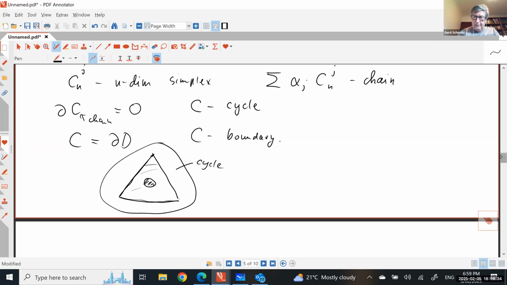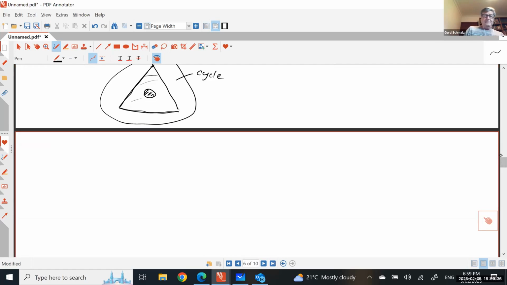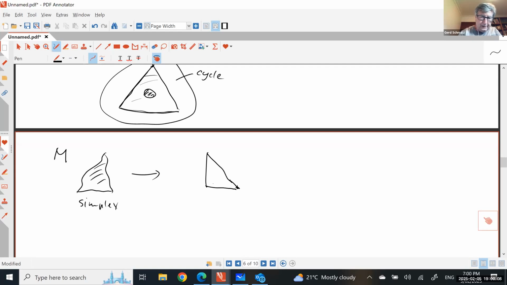So now, before I give you more examples of cycles which are not boundaries, if we live on a manifold, everything is curved, and we would say here a simplex on the manifold M is something which can be mapped into a normal simplex. So something which under diffeomorphisms is actually a simplex.